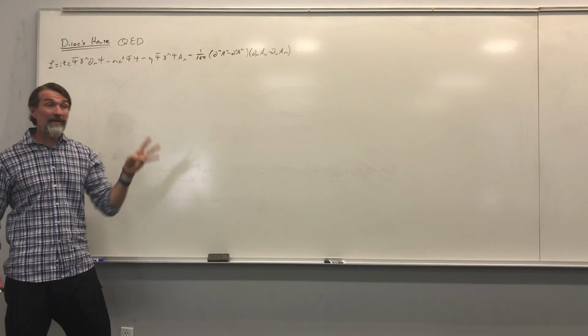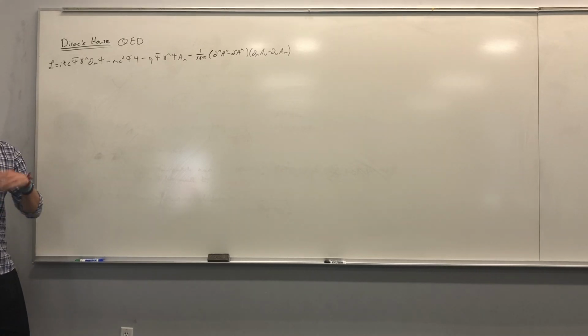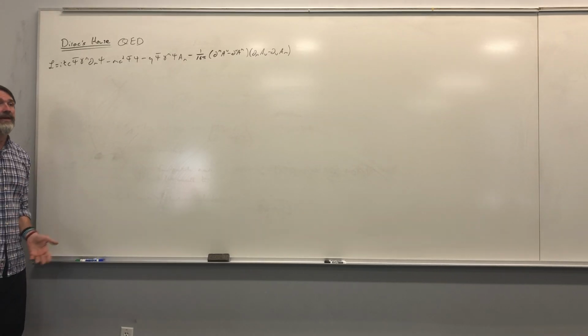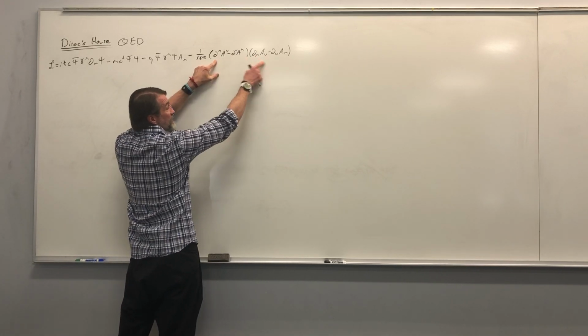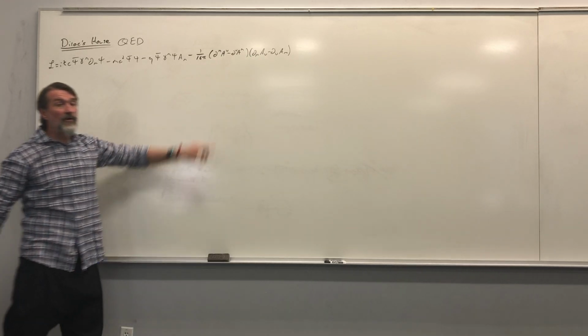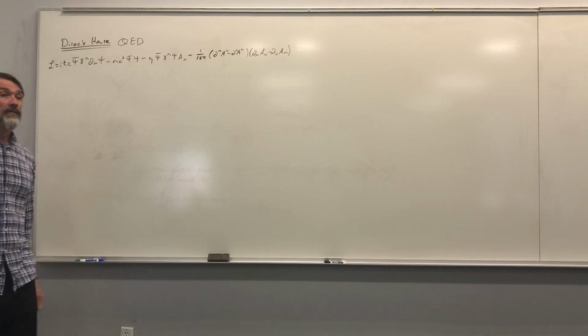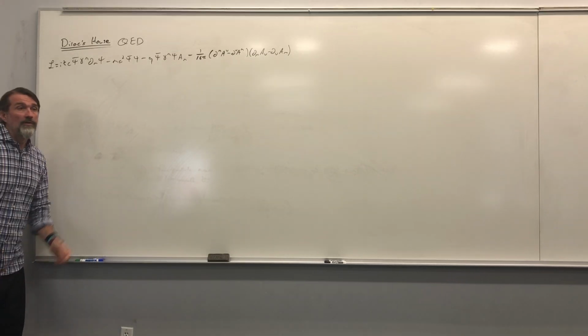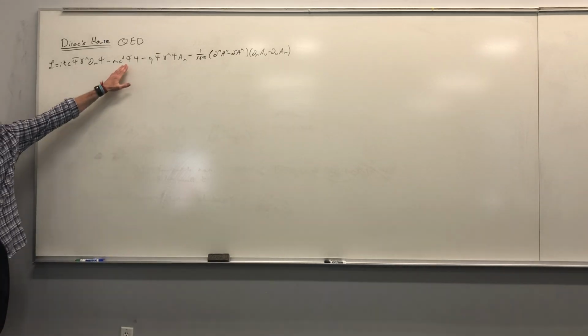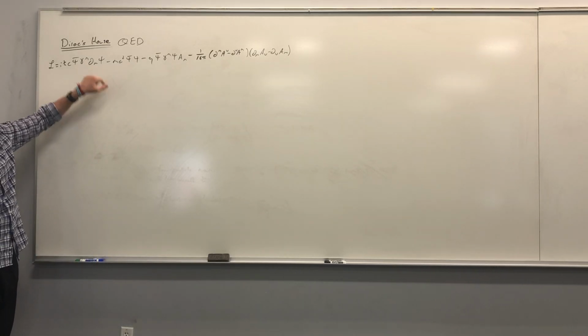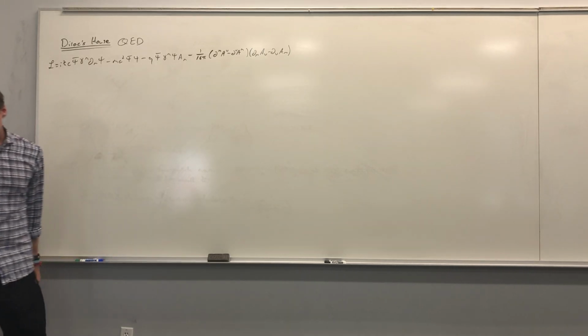If there were three factors of A multiplying each other, then that would be an interaction, or four or five or six. But if you only have quadratic terms, notice when I multiply this out, I only get quadratics. Quadratic terms just contribute to the free particle Lagrangian. They're not interaction terms. This is our only interaction term.